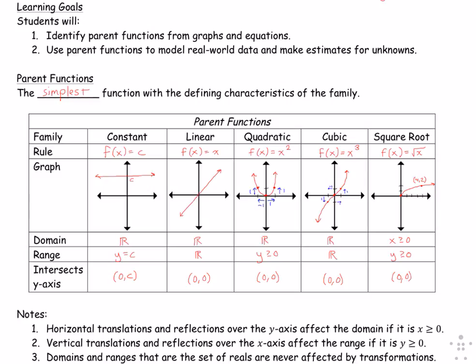Please be mindful that if you are reflecting over the y-axis, you are negating the x-coordinate. Therefore, the domain should flip because it will be negation of the x-coordinate, and then when you divide by a negative, you change the sign of the inequality. And that makes sense because when you reflect over the y-axis, the graph would be pointing the other way.